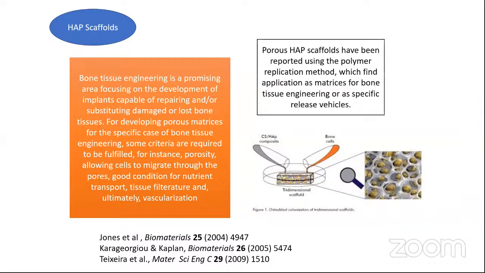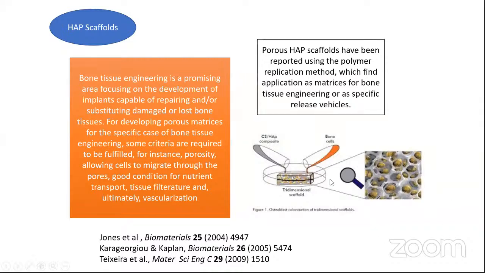All these things are very much required for bone tissue engineering, because the cells are allowed to migrate. It should be porous and non-toxic. Vascularization for supplying different nutrients is also required. These things are possible by using the hydroxyapatite scaffold.